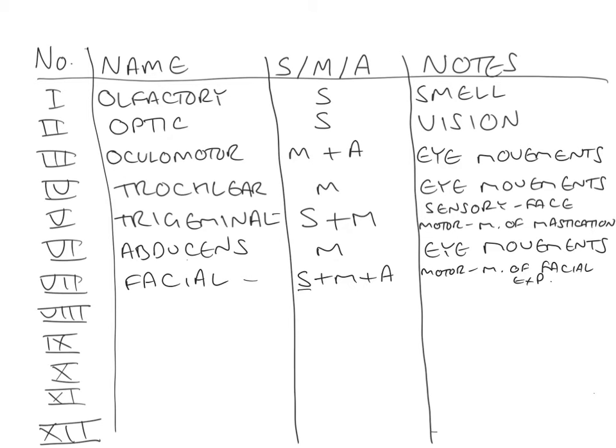Then we also, of course, have the autonomic component of the facial nerve. And as I said, this is very widespread throughout the head. There are more autonomic functions than I can really list here, but I'll give you two major ones. The facial nerve supplies some salivary glands.